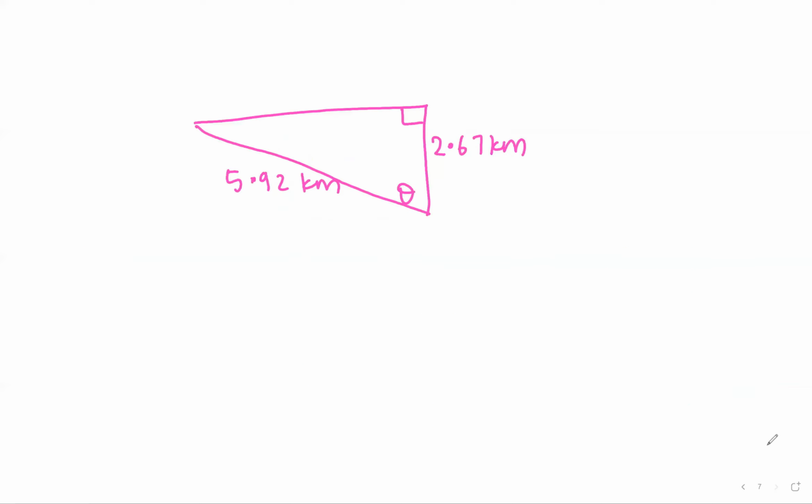Now let's take the same variety but a different sum. Here this is the hypotenuse; opposite to theta, this is opposite, and this is adjacent. Are you all with me till here?